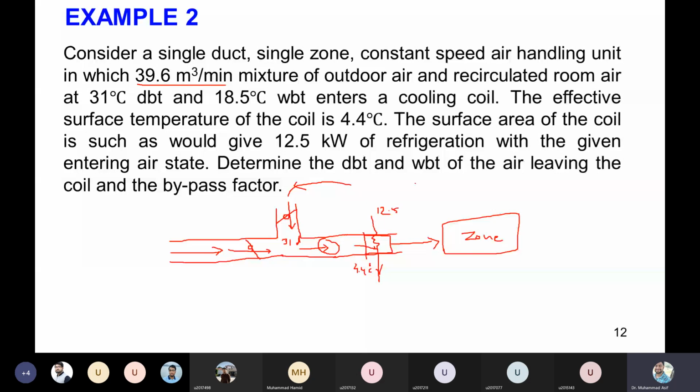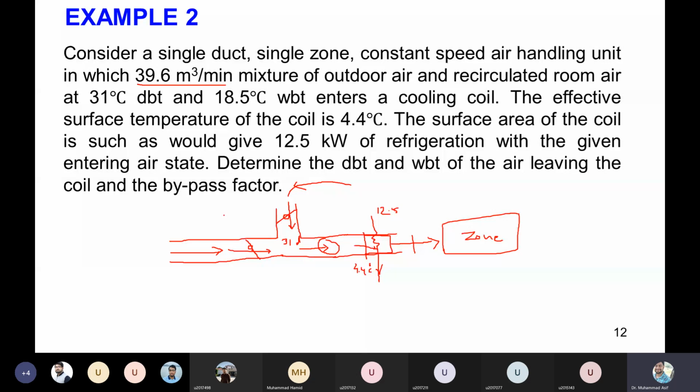What we need to figure out is, after the coil, what is the dry bulb temperature and wet bulb temperature of the air leaving the coil. And also the bypass factor, because all of the air cannot come in contact with that coil. So these values you need to figure out.